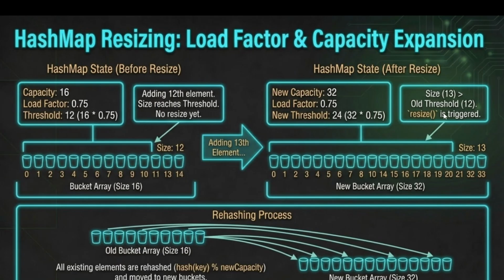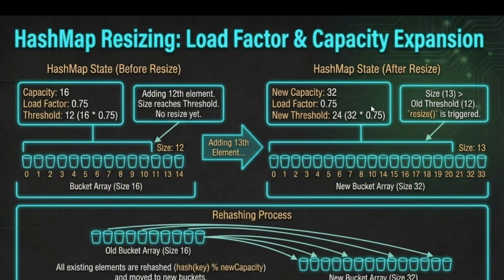Resize is triggered. Now this is the old bucket array, and a completely new table is created with the size of 32. Again, all existing elements will be rehashed. Even though the hash is cached, the index is recalculated.